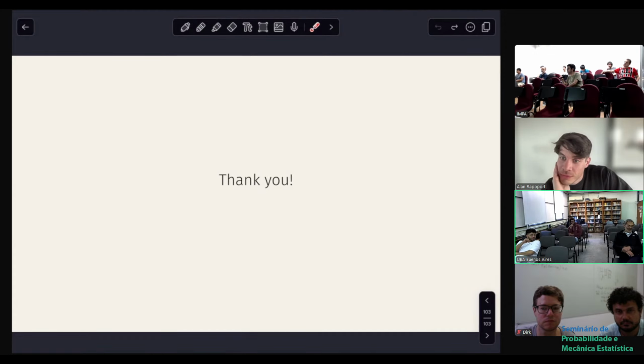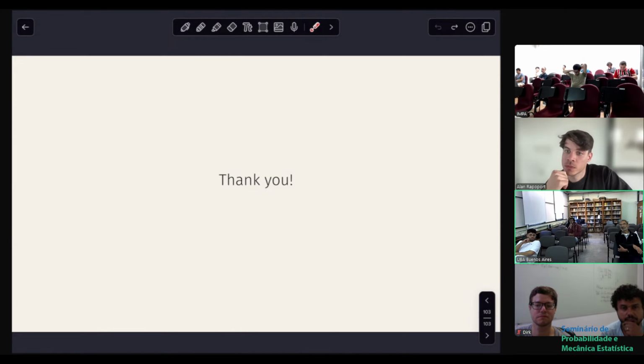Pablo? Alan, do you have a coupling between the sandpile configuration and the spanning tree configuration, or is it just the probability? In the sense that you have a function between each spanning tree and each final configuration of the sandpile.